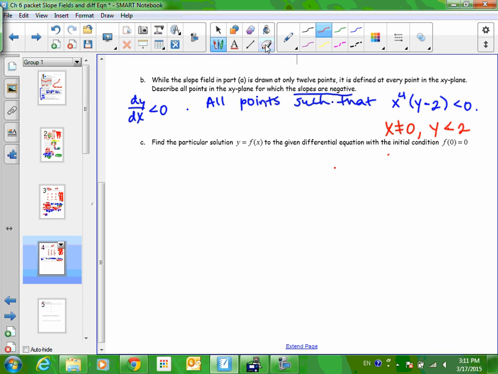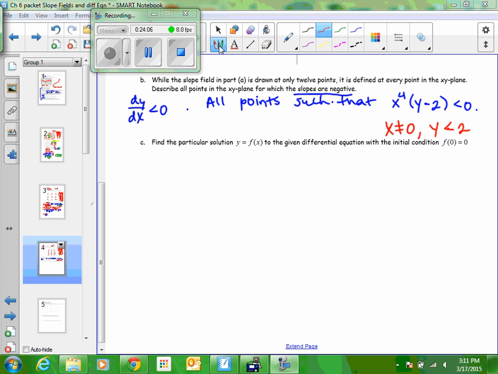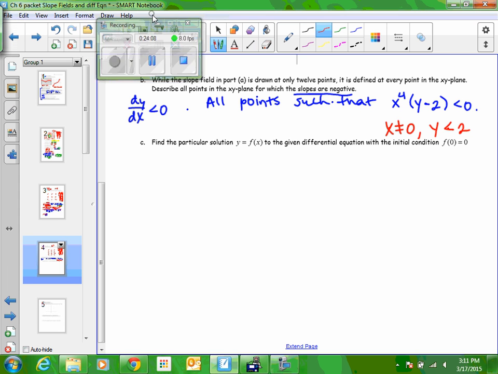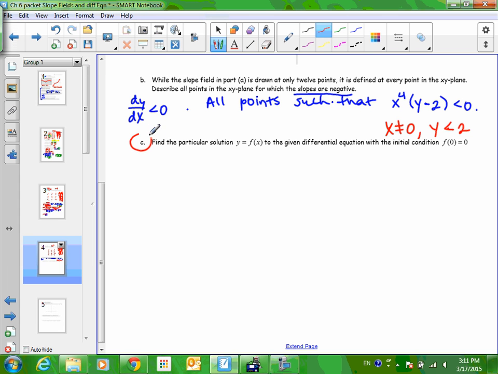All right, now this next part, I know I went through that pretty fast, but I wanted to make sure I had plenty of time to go over this last part. Because typically on these, this part is worth at least 4 points. It's usually a big one, but there's a lot of easy ways to get points in the beginning. All right, so first of all, when it says find the particular solution, I want you to rewrite your derivative.